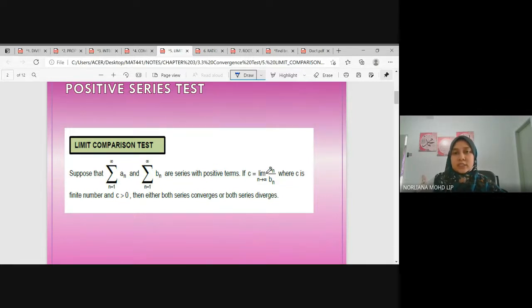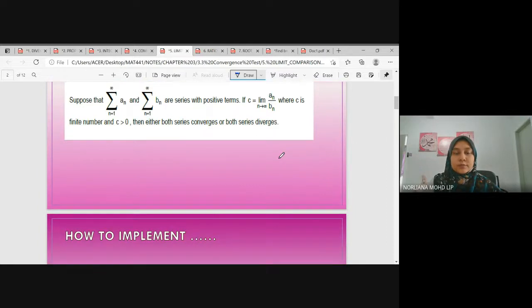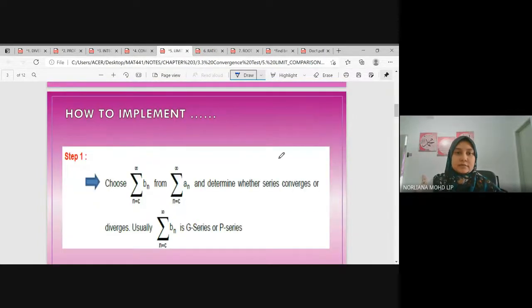Okay, if c equal to limit of an over bn when n approach infinity, where c is the finite number and c is greater than 0, okay, then either both series converge or both series diverge.